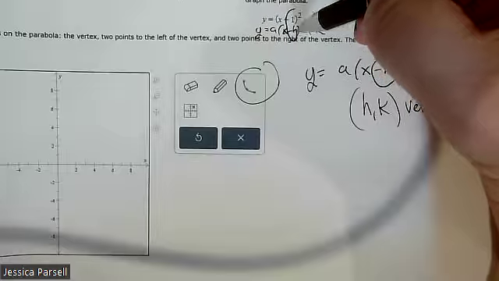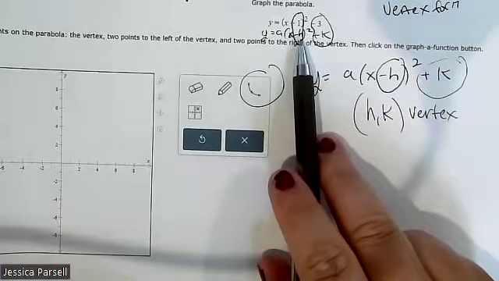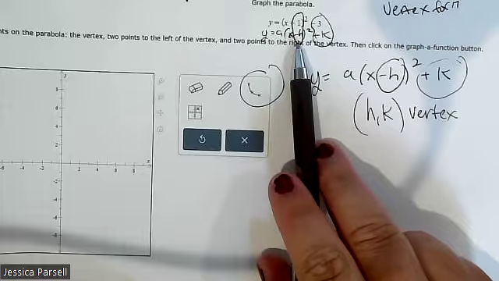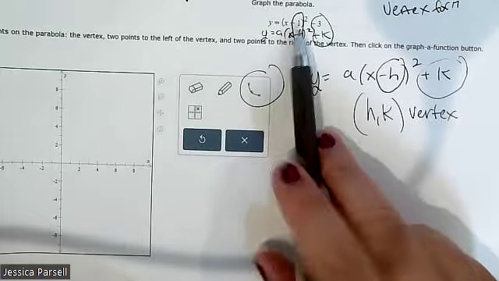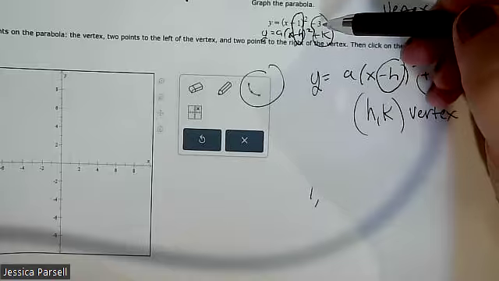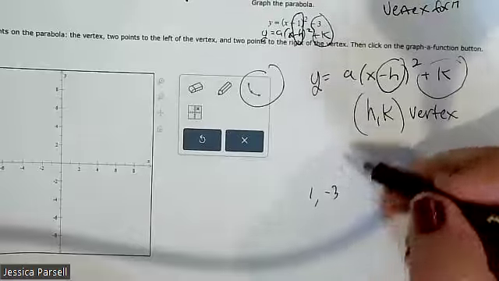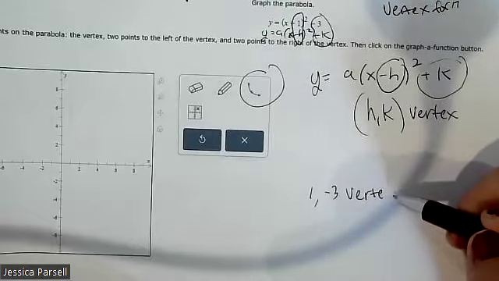I'm going to circle it. So it's the h, which is that -1, but there's a negative sign in front of that h. So 2 negatives would make that a +1. So the vertex is 1, comma, and then k is positive, so we can go ahead and take that -3. So this is the vertex.